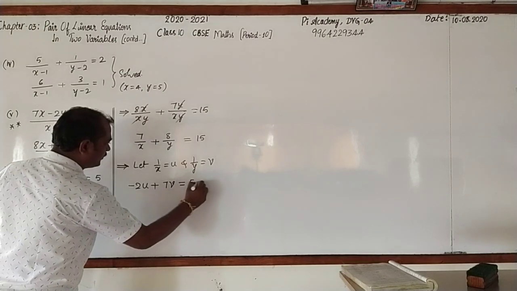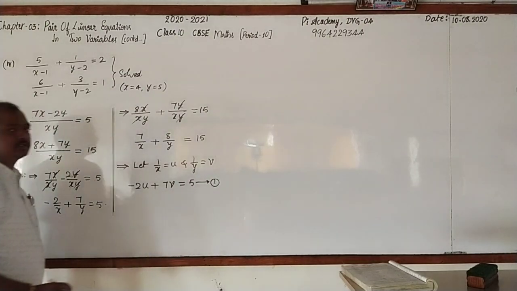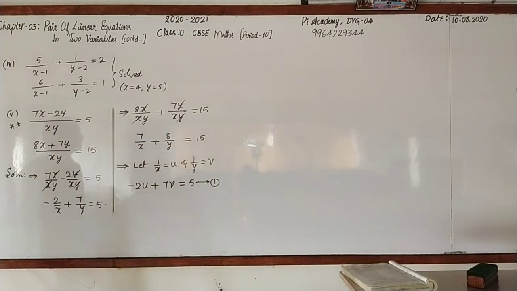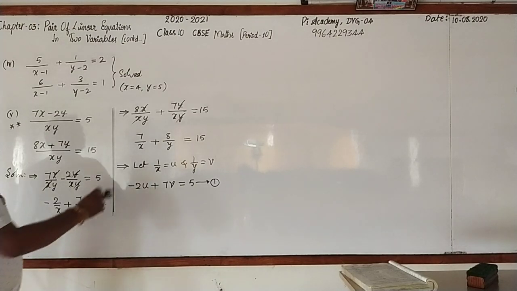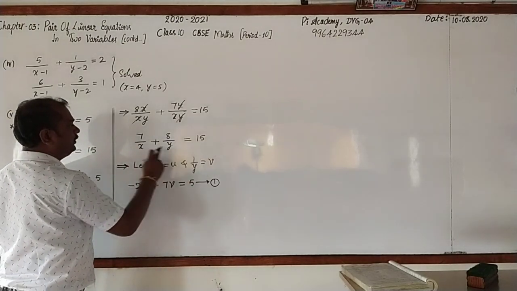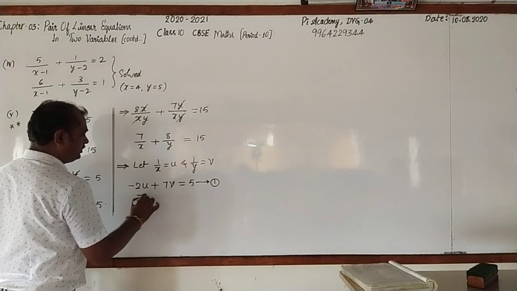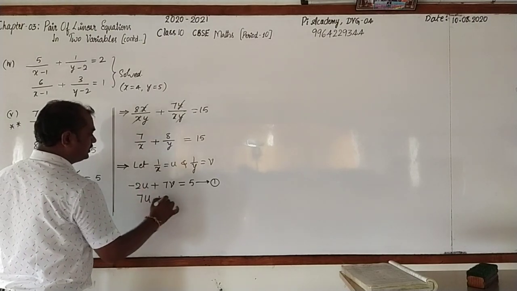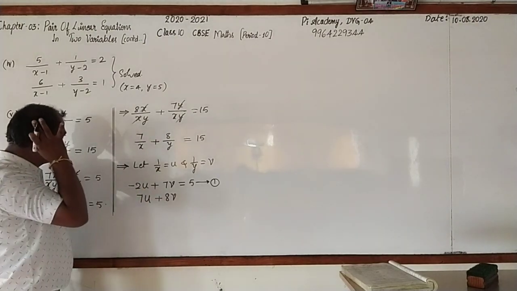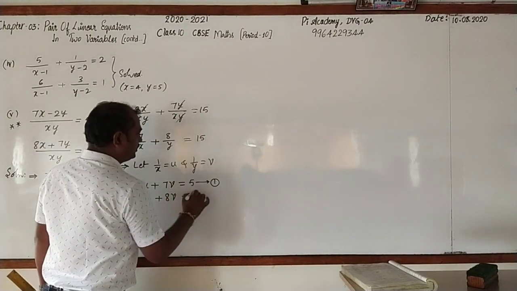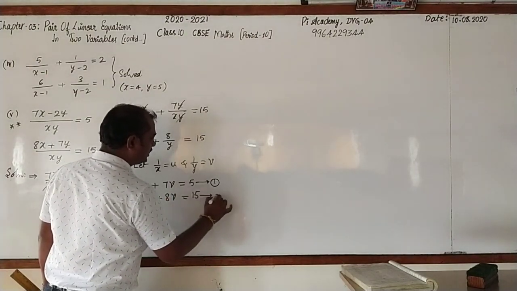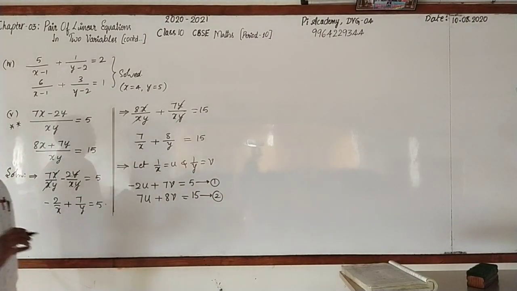This is equal to 5. You may call it equation 1. Hope that you have written this. Write the second equation in terms of u and v. It is 7u plus 8v. This is equal to 15. Right? You may call it equation 2.